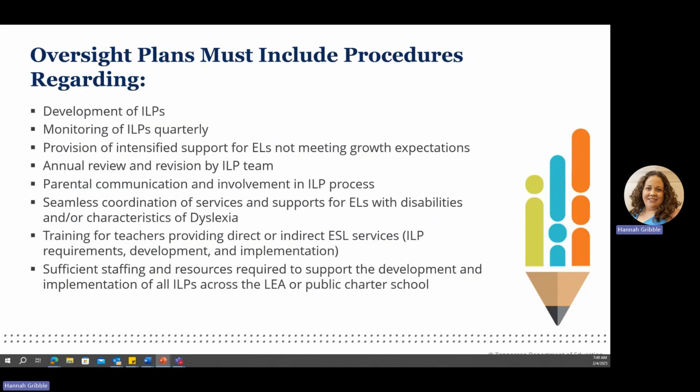These oversight plans must include procedures regarding the development of ILPs, the monitoring of ILPs quarterly, the provision of intensified support for ELs not meeting their growth expectations, the annual review and revision by the ILP team, parent communication and involvement in the ILP process, the seamless coordination of services and supports for ELs with disabilities and/or characteristics of dyslexia, the training for teachers providing direct or indirect ESL services, and sufficient staffing and resources required to support the development and implementation of all ILPs across the LEA or public charter school.